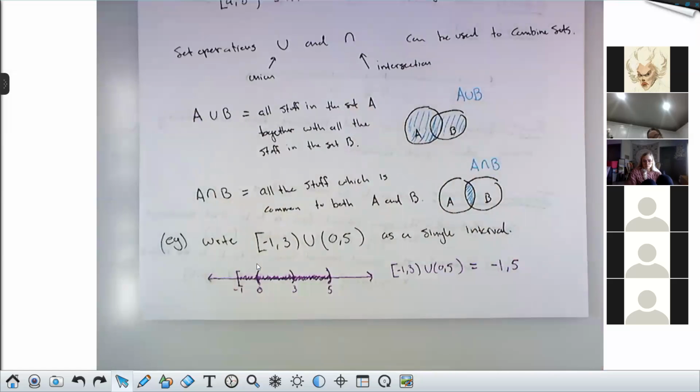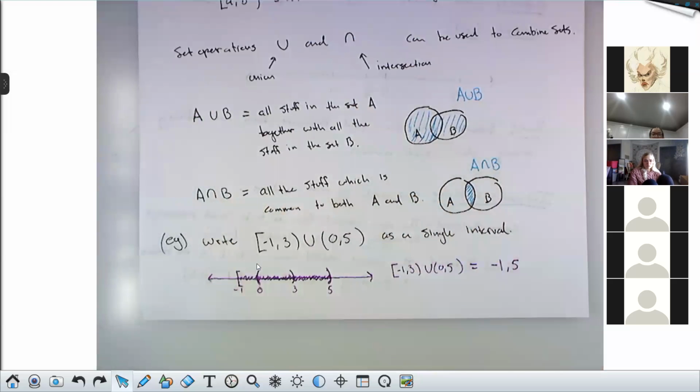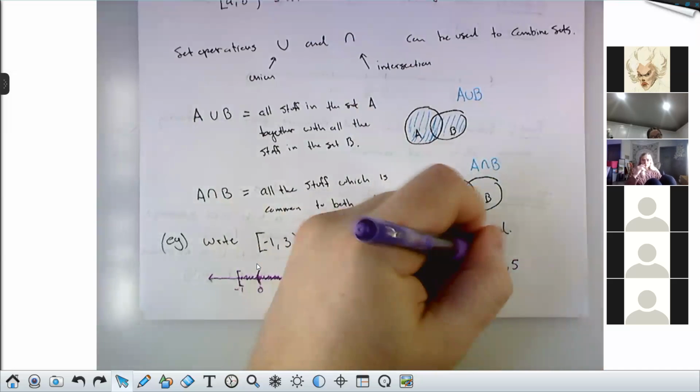Okay, is -1 included or not? Yes. So do I use a parentheses or a bracket here? Bracket. Bracket, very good, thank you.